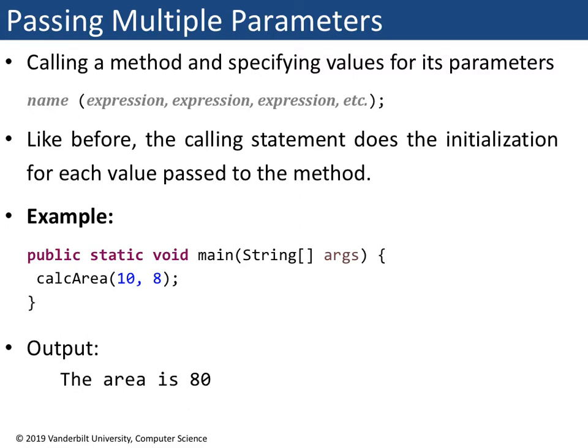In this case, the expression is an integer literal for both parameters. So the value 10 will go into the length, and the value 8 will go into the width, and we know that based on the order, right? In our declaration we said it would be length then width. So length first then width, and inside the method they are multiplied together and displayed. So it displays the string "the area is" concatenated with 10 times 8, 80.